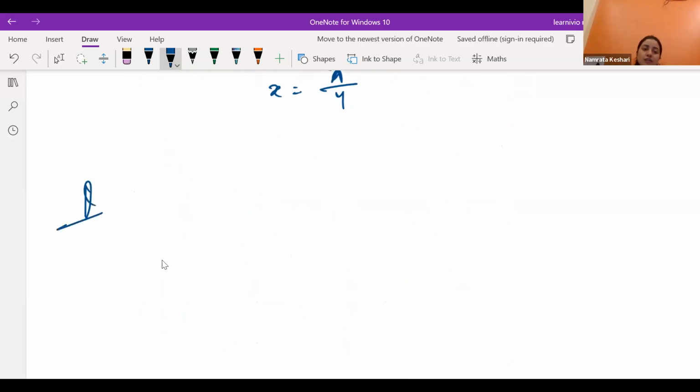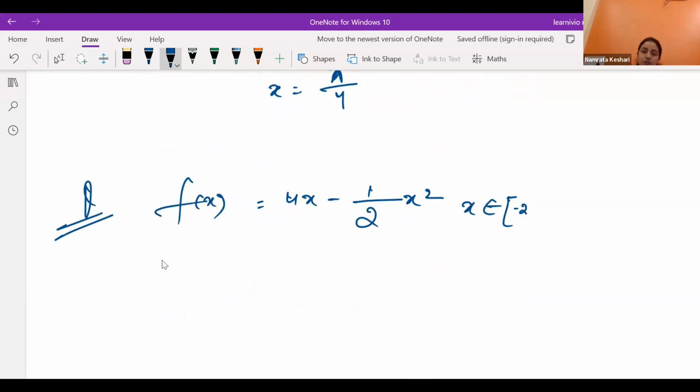Suppose we have f of x equals 4x minus 1 by 2 x square, x belongs to the interval minus 2 to 9 by 2. What is the absolute maxima, and what is the absolute minimum?